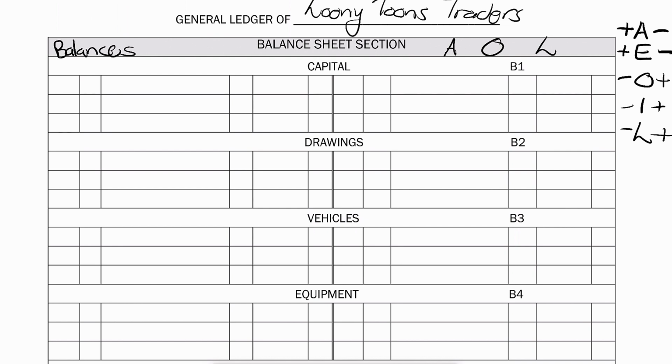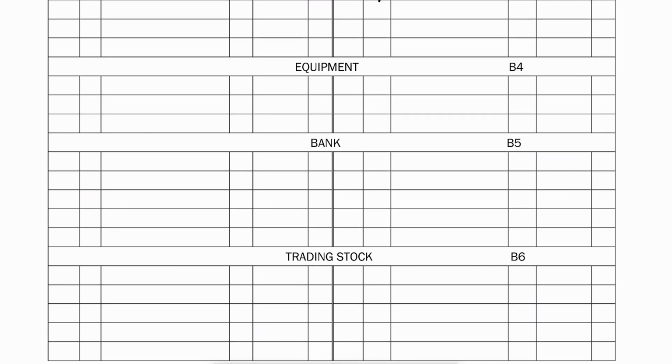Capital, we said, increases owner's equity, so we use the credit side. Drawings decreases owner's equity, so we use the debit side. Vehicles is an asset which will increase on the debit side and decrease on the credit side. Equipment is also an asset, so the same rule applies. The same goes for bank, and the same goes for trading stock.